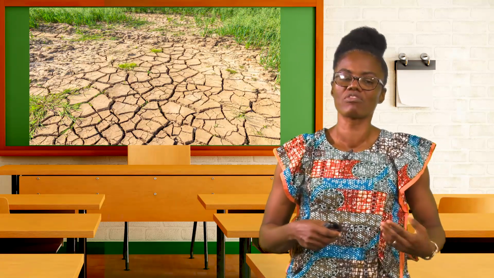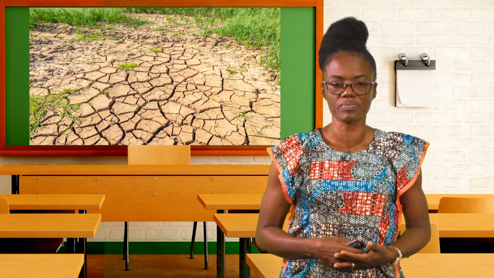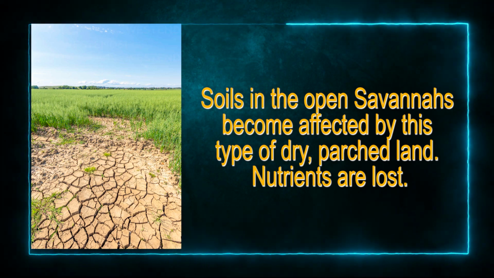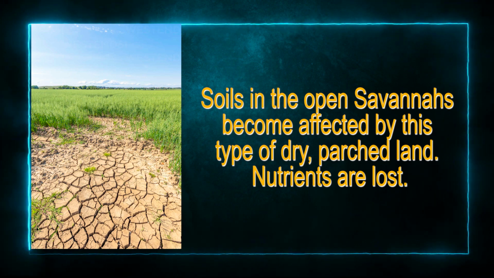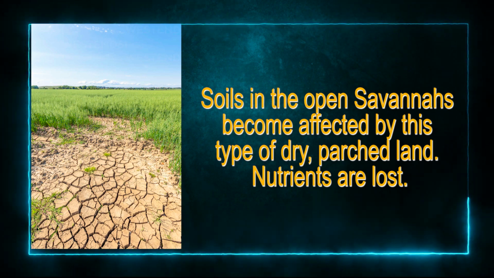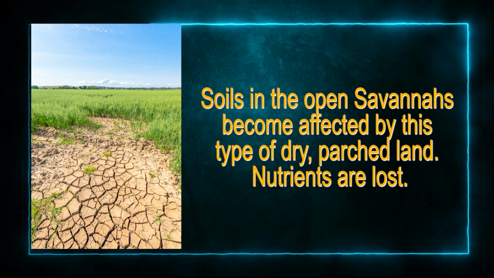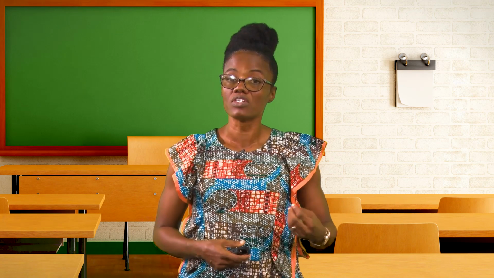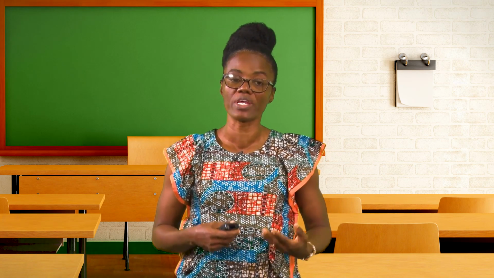The land becomes parched and cracks open. Soils in the open savanna become affected by this type of dry, parched land. What happens? Nutrients are lost, and it means that farmers who do agricultural activities in the interior savanna suffer because their crops just do not grow well.